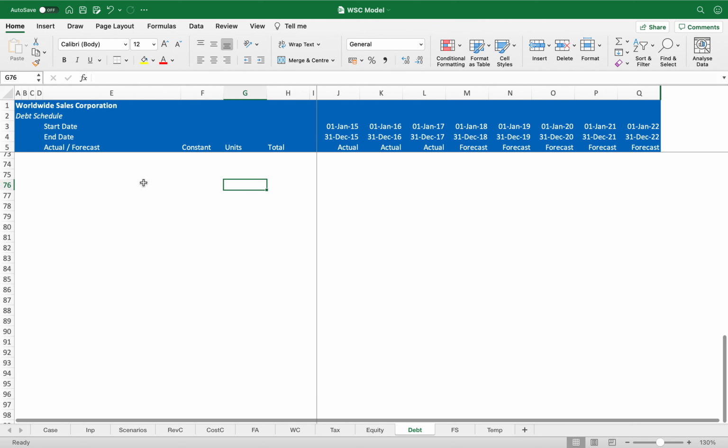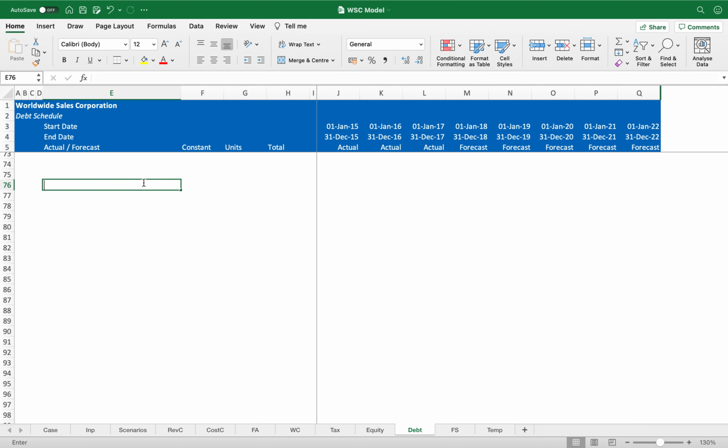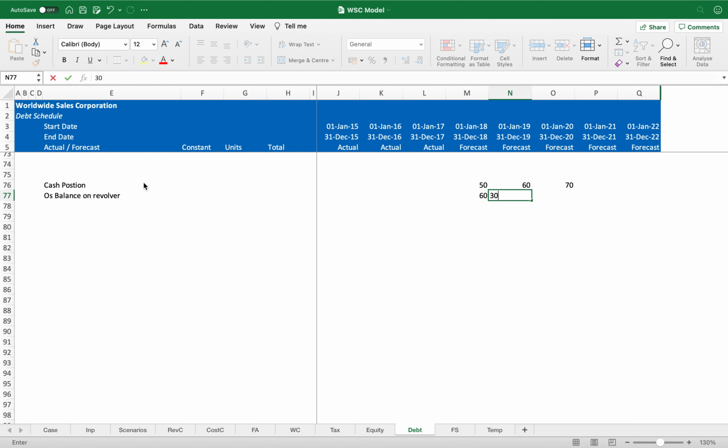Okay, now look at this very, very carefully. Let's hypothetically take an example. Your net cash position is, let's say, 50, 60, 70. And your outstanding balance on revolver, that means the opening balance during the year of revolver, is, let's say, 60, 30 and 50.